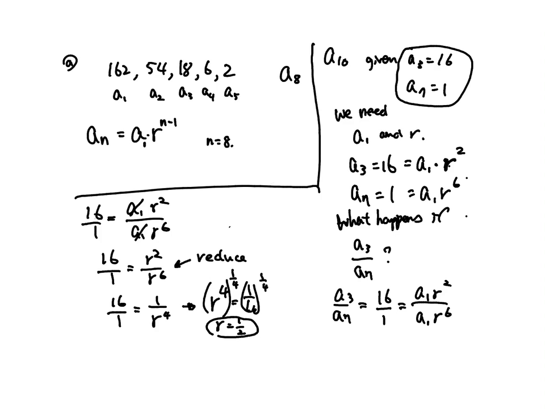If you look at the second equation right here, 1 equals a times 1/2 to the 6th power. So 1 equals a times 1 over 64, which means a equals 64.